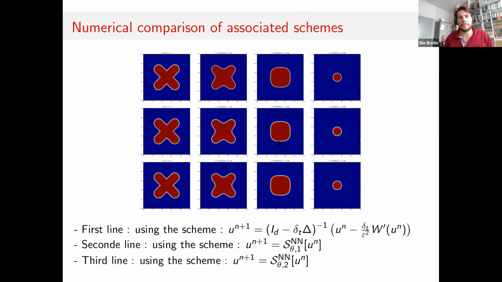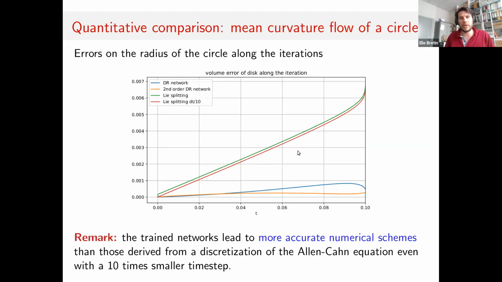If you test the different schemes on the same initial set, the scheme given by the resolution of the Allen-Cahn equation, the first order neural network and the second one, we see that qualitatively the solutions are exactly the same.